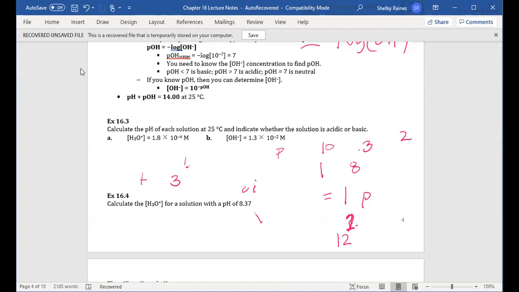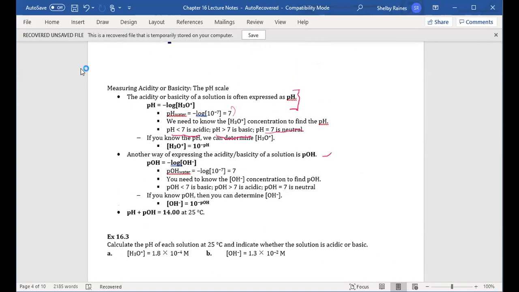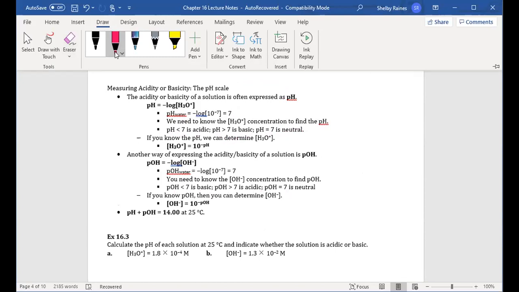We were talking about finding pH. We didn't talk about what if we have pH and we want to find the concentration of either hydroxide or hydrogen, okay?